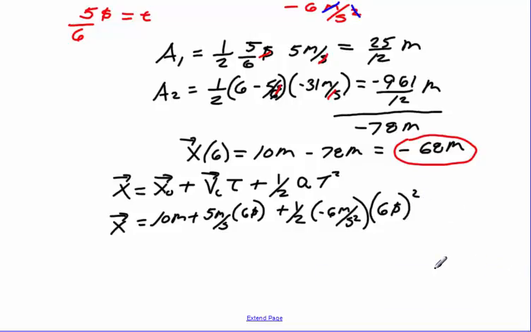Now if I run that through my calculator and do that very quickly, I will get 10 plus 5 times 6 minus 1/2. That gives me exactly -68. So you can do this particular one either way. Alright, and you're going to get the same answer no matter what.